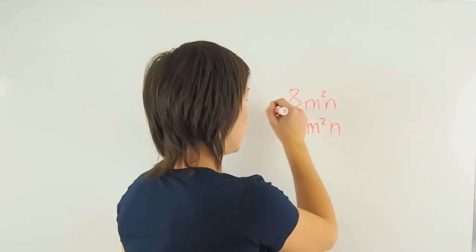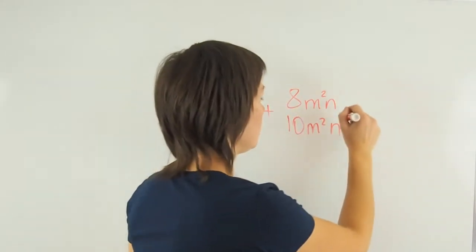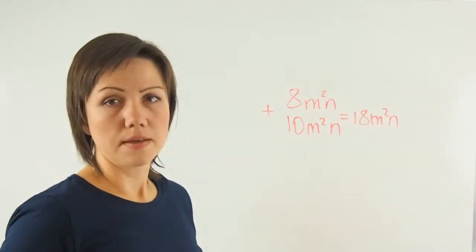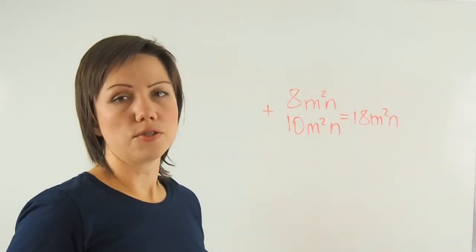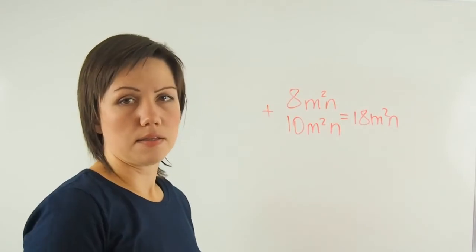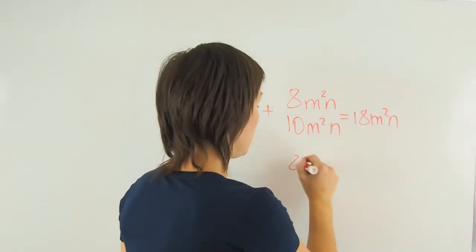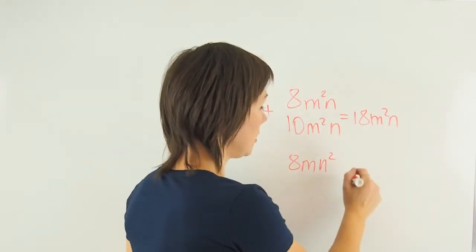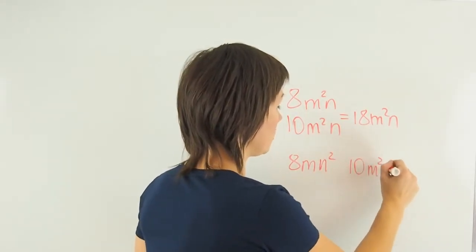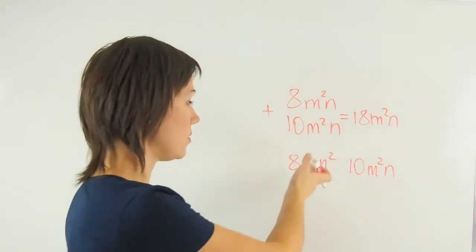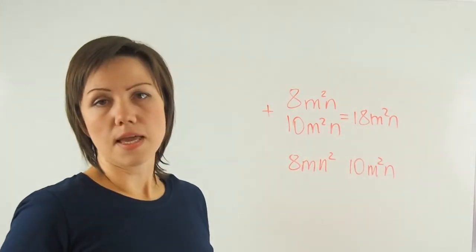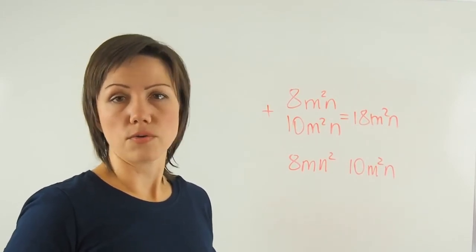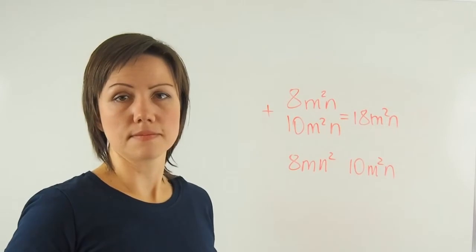So say I'll add them, and the answer will be 18m squared n. Now, if I only change one thing in these two expressions, for example, I will now have 8m n squared and 10m squared n. So see how the exponents are not the same for the same variables? This means these terms are no longer like terms.